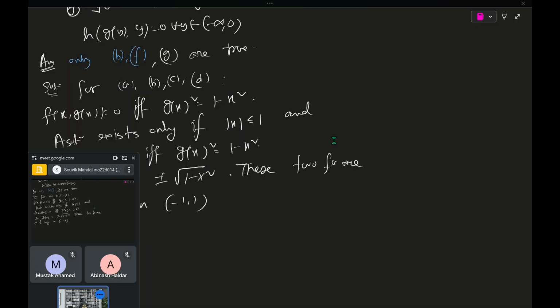And for E, F, G, h of (x, g(x)) equals 0 if and only if g(x) square is equal to x cube, and a solution exists if and only if x is greater than or equal to 0. And also h of (g(y), y) equals 0 if and only if g(y) cube is equal to y square.